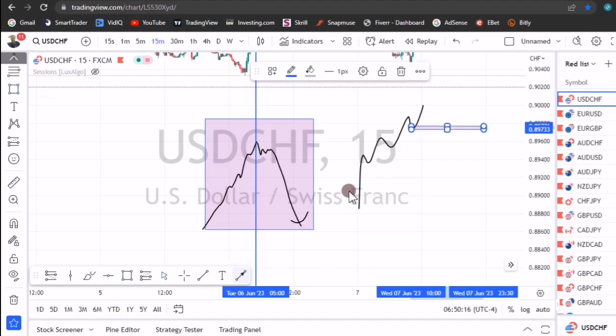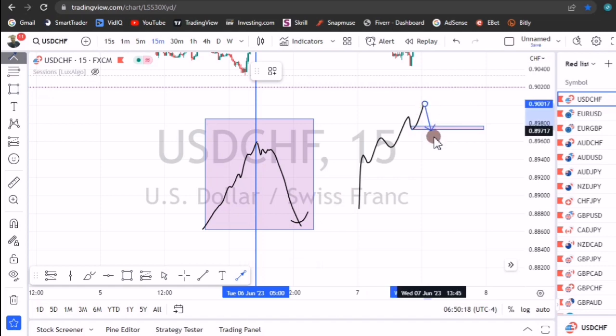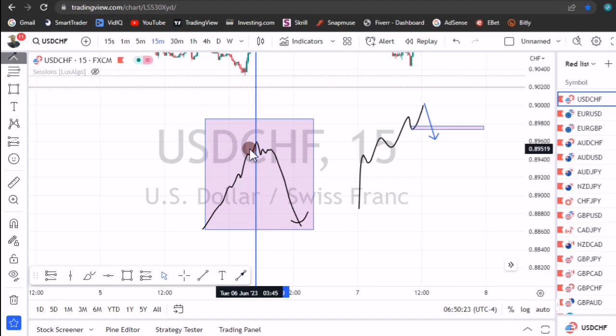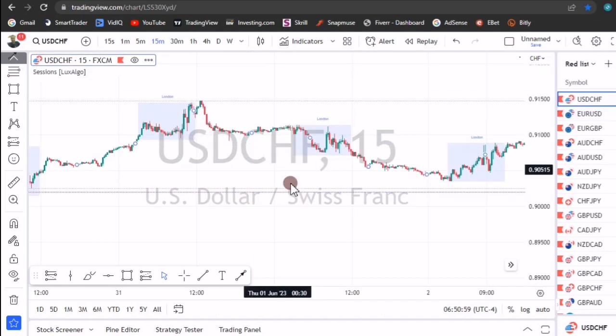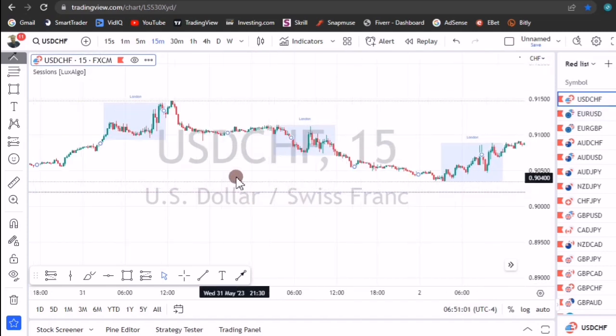If you happen to see price coming to close below this key level right here in the middle of the London session, just close your trade, because price is going to reverse from there. If you don't see the reversal pattern, you can hold your trade till the end of the London session. Let's just look at some few examples here.